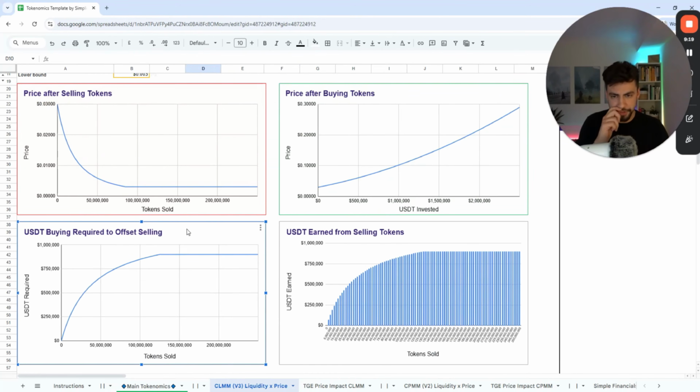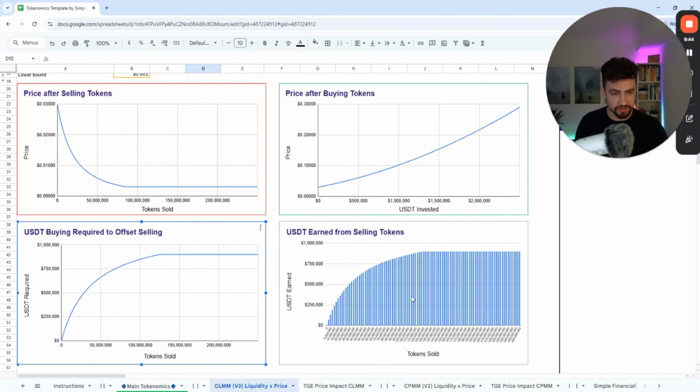Here, what we're showing is, if you are selling tokens, how many dollars you would need to make sure that the price doesn't go below the listing price. So for example, if you want to sell 50 million tokens, you need to have $660,000 invested.